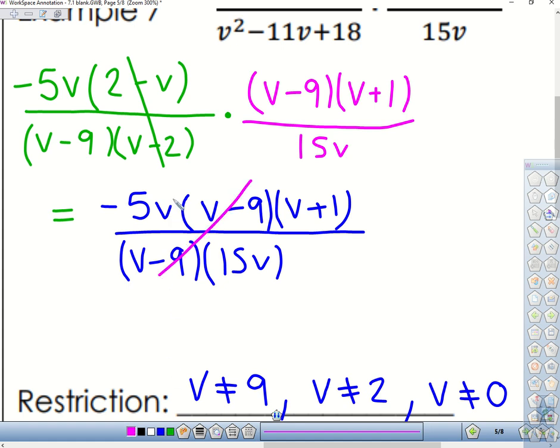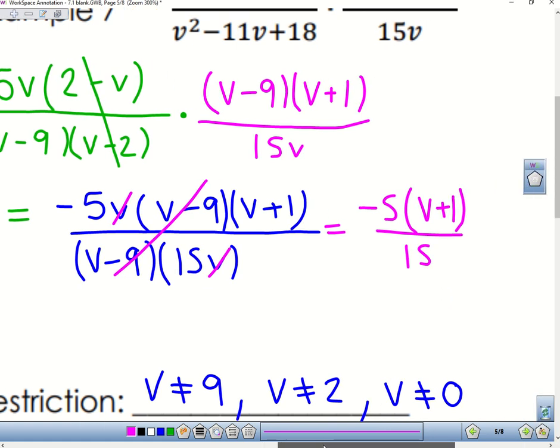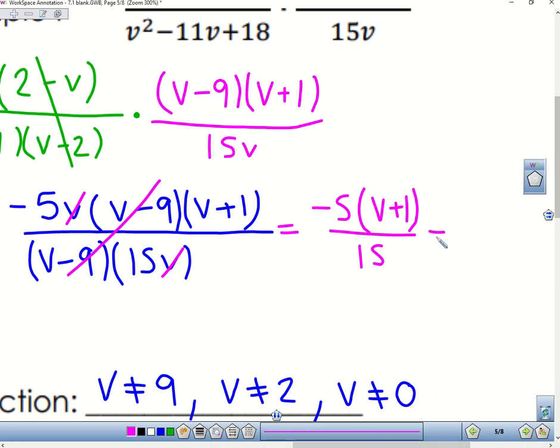I can also cancel out the v's, which leaves me with negative 5 times v plus 1 over 15. And is that fully reduced? No, I can reduce that to 1/3, right? So that's going to be negative v plus 1 over 3.